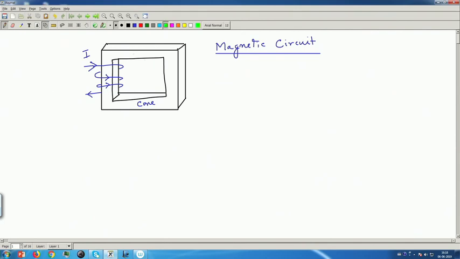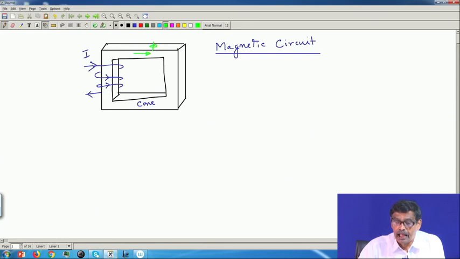In the core, there will be a flux phi produced. The direction of the flux will be, as you know, you wrap your fingers around the coils and the thumb will give you the direction of the flux produced. Of course, if it is a constant DC current, whatever flux is produced inside the core will also have constant values. And how to estimate that flux?